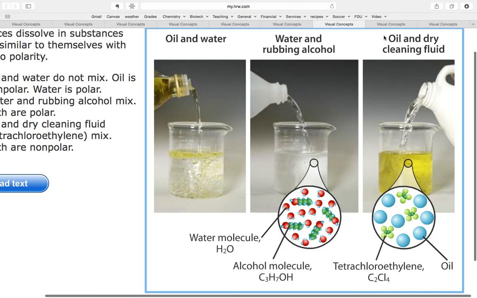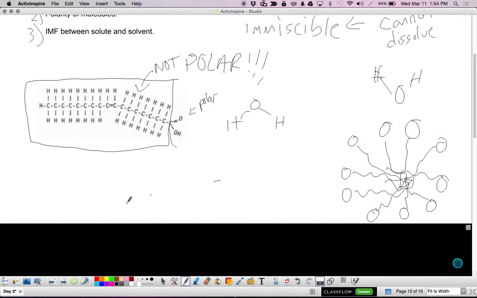Another one is oil and dry cleaning fluid. I don't know how many of you actually use dry cleaning fluid all that often. I don't. So this one's not that great for me, but it goes to show you have your oil, which we already know what that looks like, and then we have tetrachloroethylene. That's C2Cl4. So what does that look like?